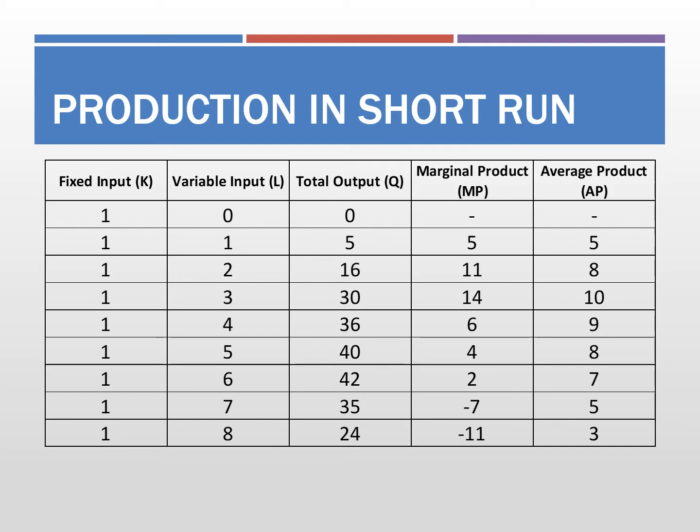One thing that's very important for you to note is that in this production table, we don't find that adding one additional nurse increases the output by proportionally the same amount every time. By adding one nurse, this one nurse can serve a total of 5 patients.